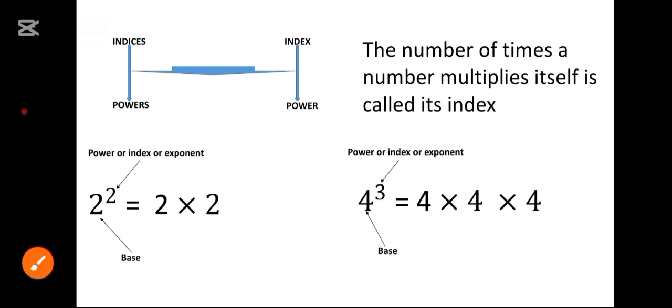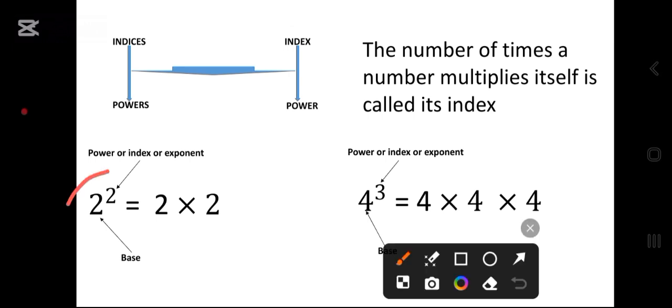Let's look at this example: 2 raised to the power 2. 2 multiplies itself 2 times. This 2 here is called the base, while this 2 on top is called the power, or index, or exponent.